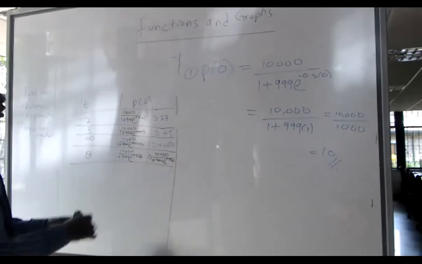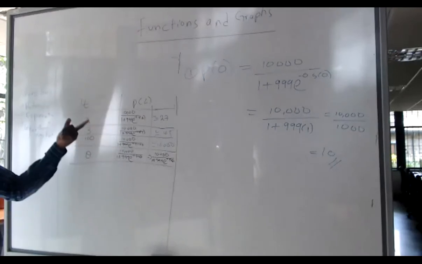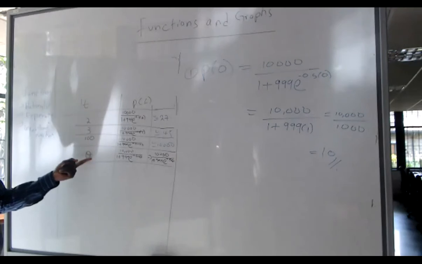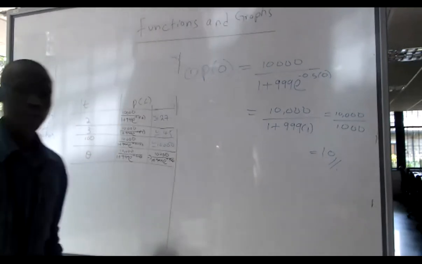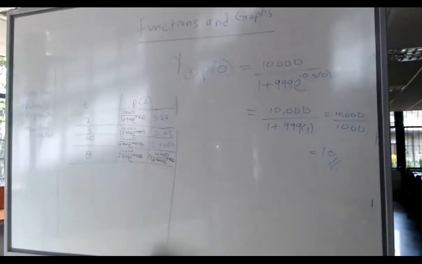So any question on this? This is very simple. We're just substituting. Whether it's t, put 2. Whether it's t, put 3. Whether it's t, put theta. For the last one, the theta, what is the answer?